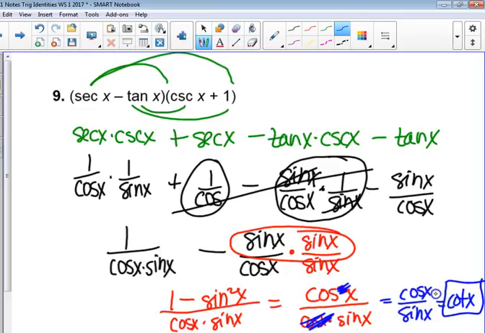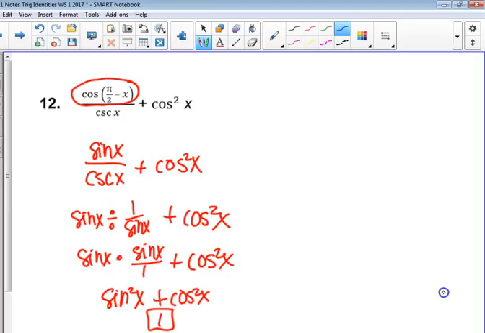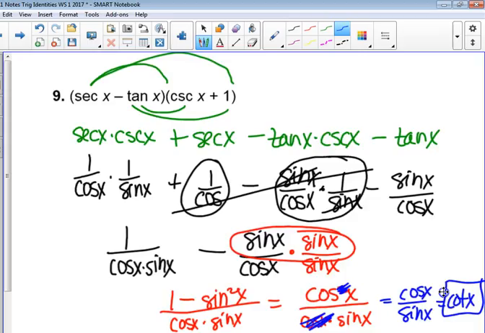Did anybody try it without FOILing it first? Did it go faster? No?